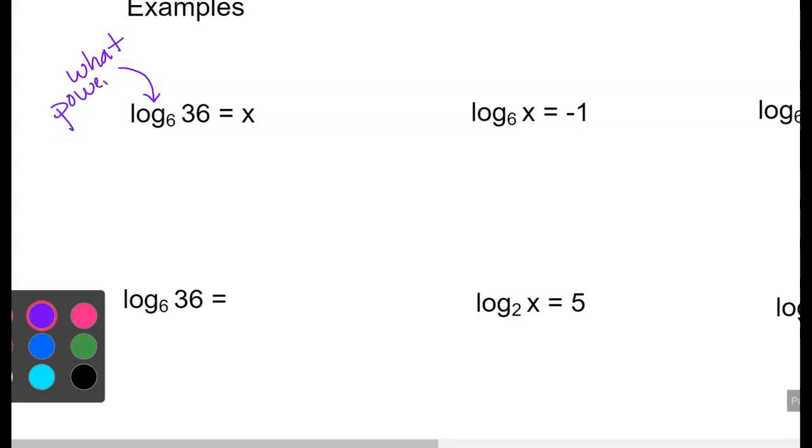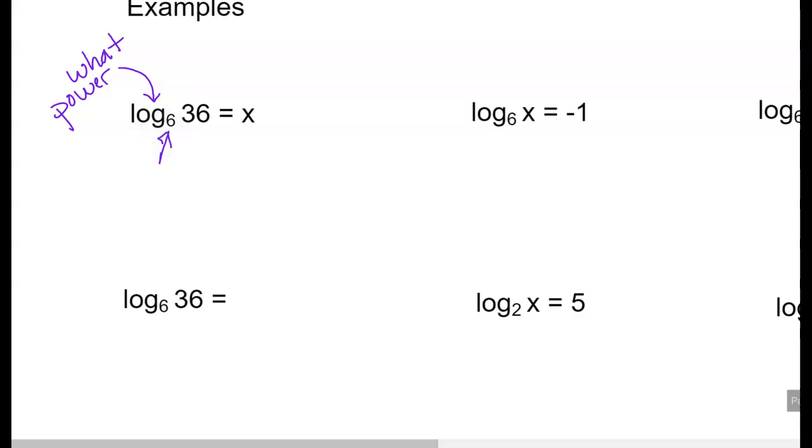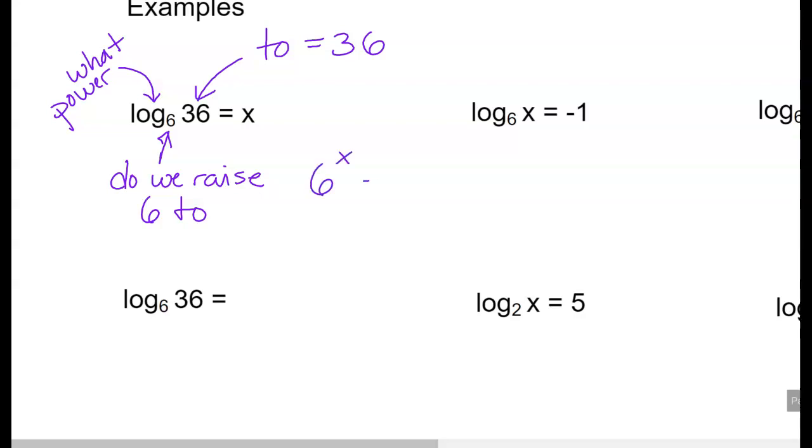What power do we raise 6 to equal 36? If I was to write this as an exponential, this question would be, what power am I raising 6 to equal 36? 2. 6 raised to the power of 2 is 36.